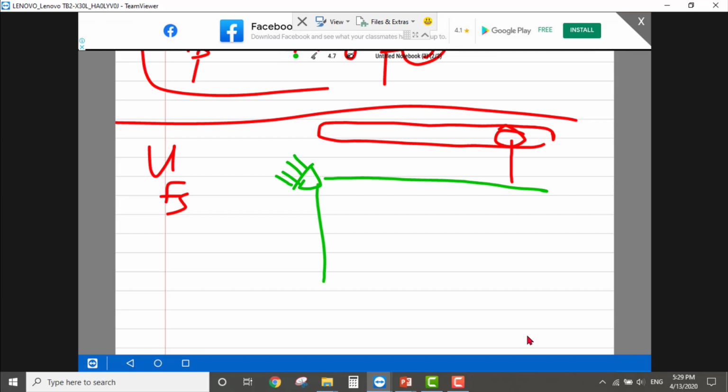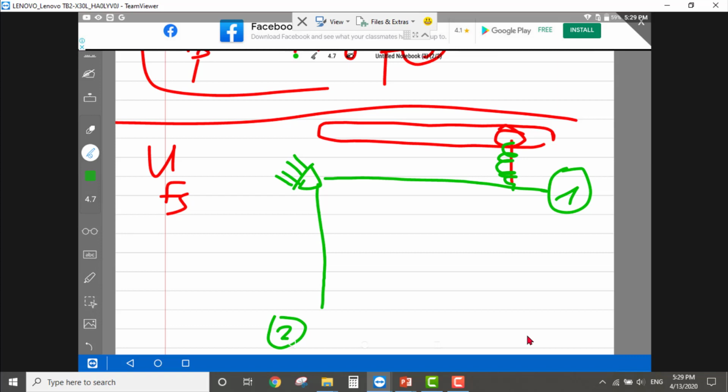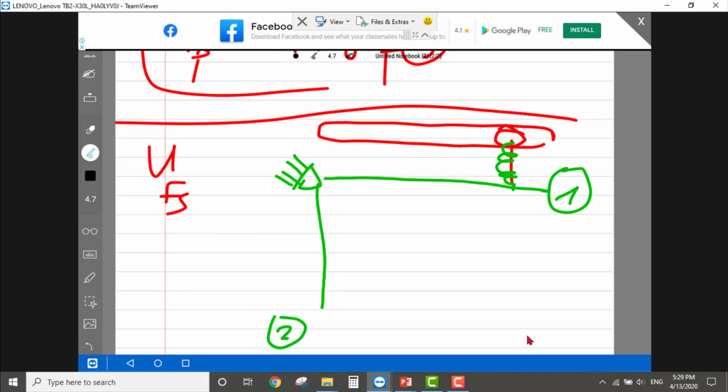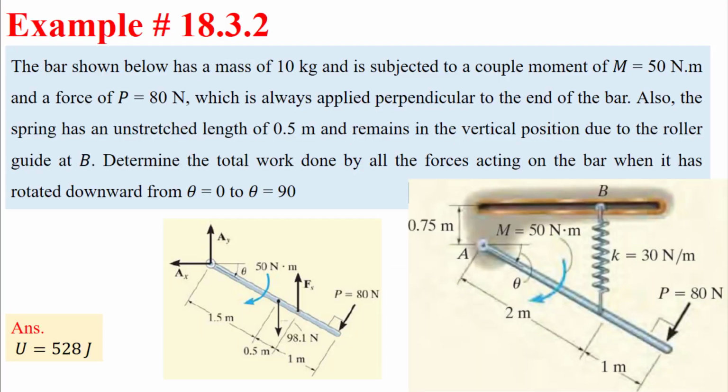Okay, and here is the rod in state 2. So this is state 1, and here is state 2. So the rod in state 1, if I go back to the slide, here's the slide, I'll notice that this is the distance between the channel, where the roller is sliding, and the fixed point A, 0.75.